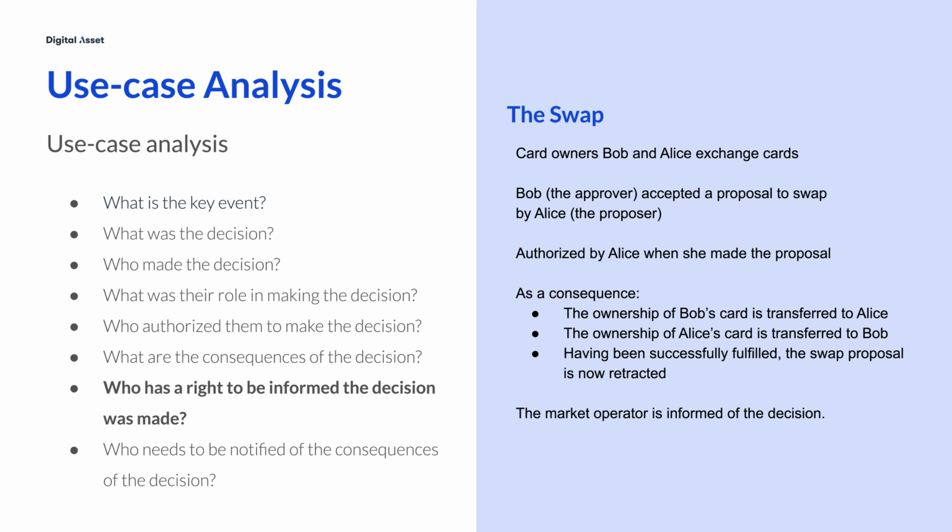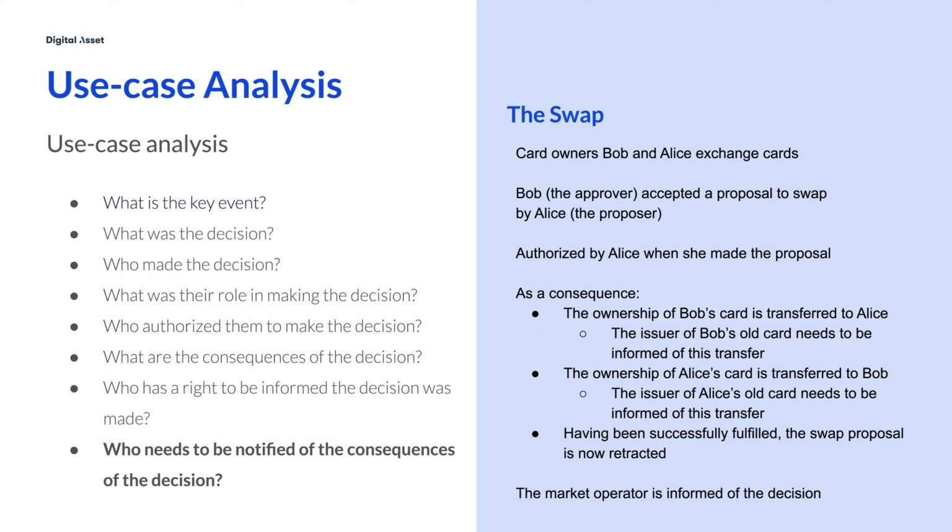To complete our initial analysis, we need to understand who gets to witness the different aspects of the decision. First, we need to identify who has a right to be informed the decision was made. In this case, this will be the market operator, as they facilitated the transaction and need to be informed so they can charge their fee. And for each consequence, we need to know who else, other than the immediate parties to the decision, need to be informed of it. In this case, the issuers will need to be informed.